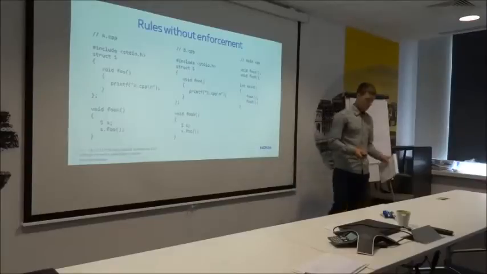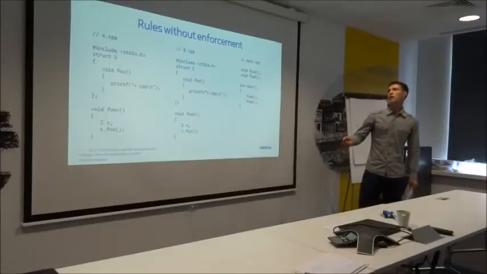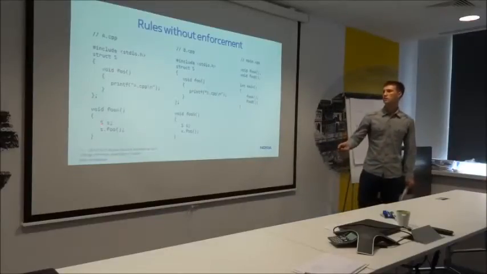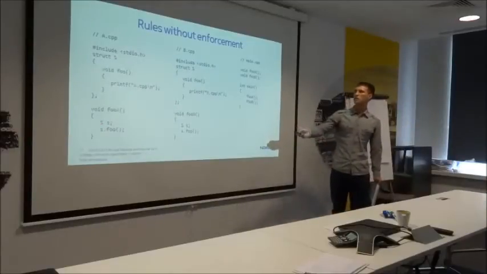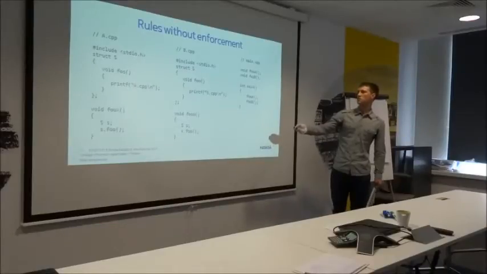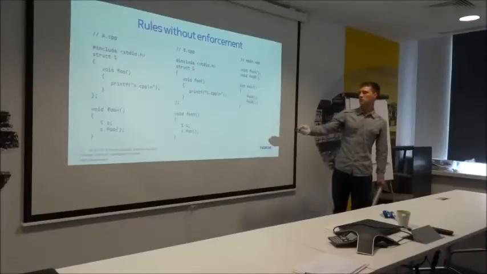As you can see here, we have almost the same two files, a.cpp and b.cpp. The only difference is that it has struct S that defines one method named foo, which simply prints a.cpp, and in case of b.cpp prints b.cpp. That's the only difference.